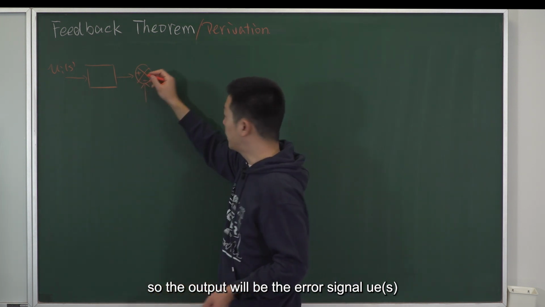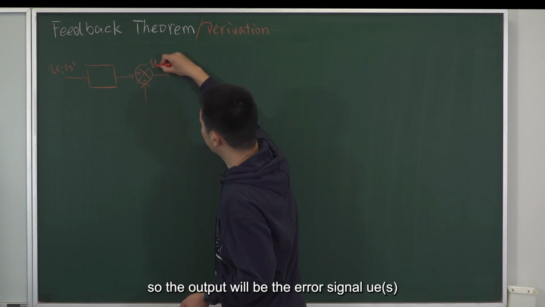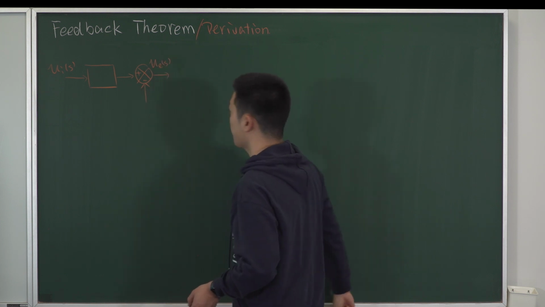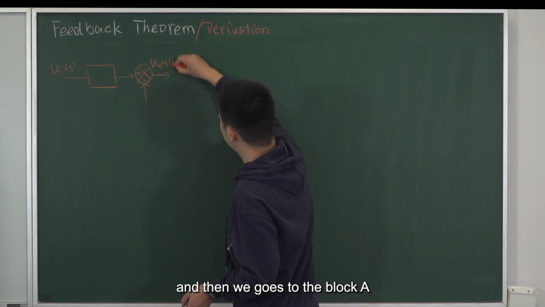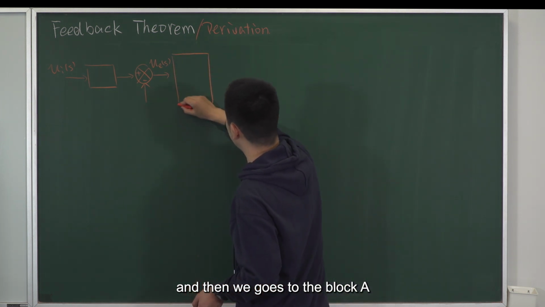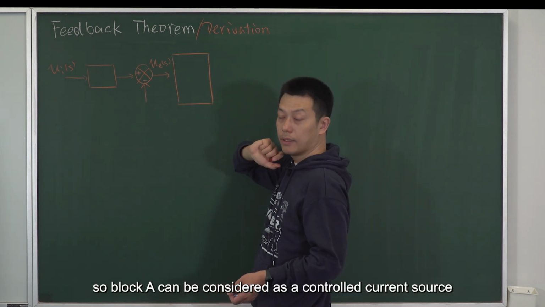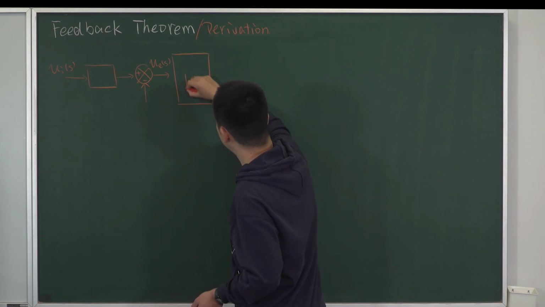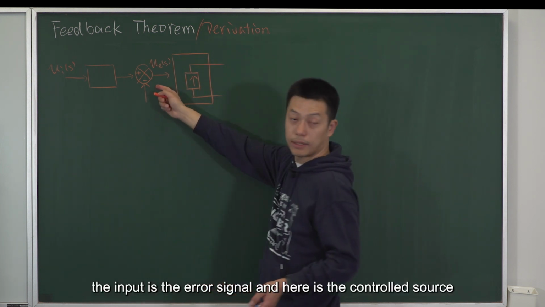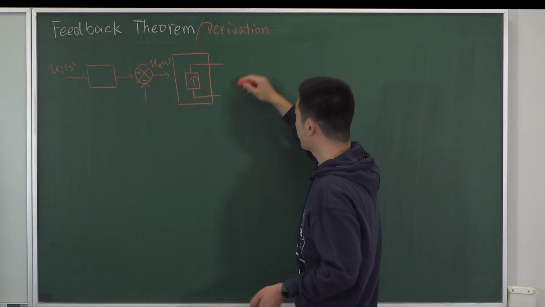So the output will be the error signal, UE. And then we go to block A. Block A can be considered as a controlled current source. The input is the error signal, and here is the control source.